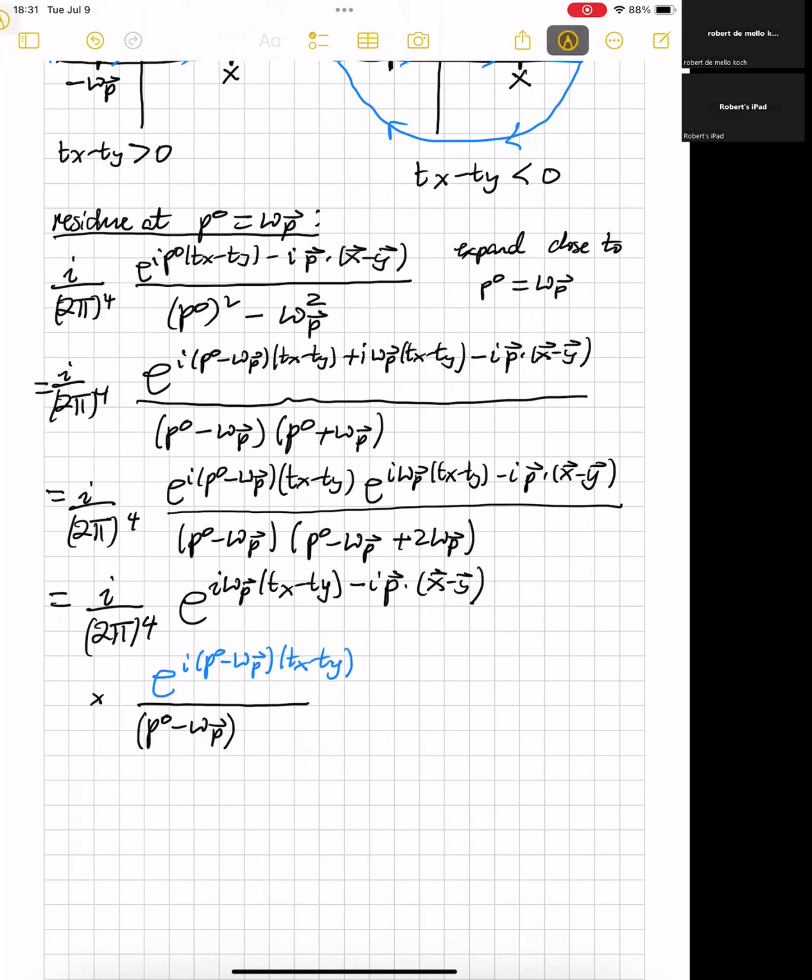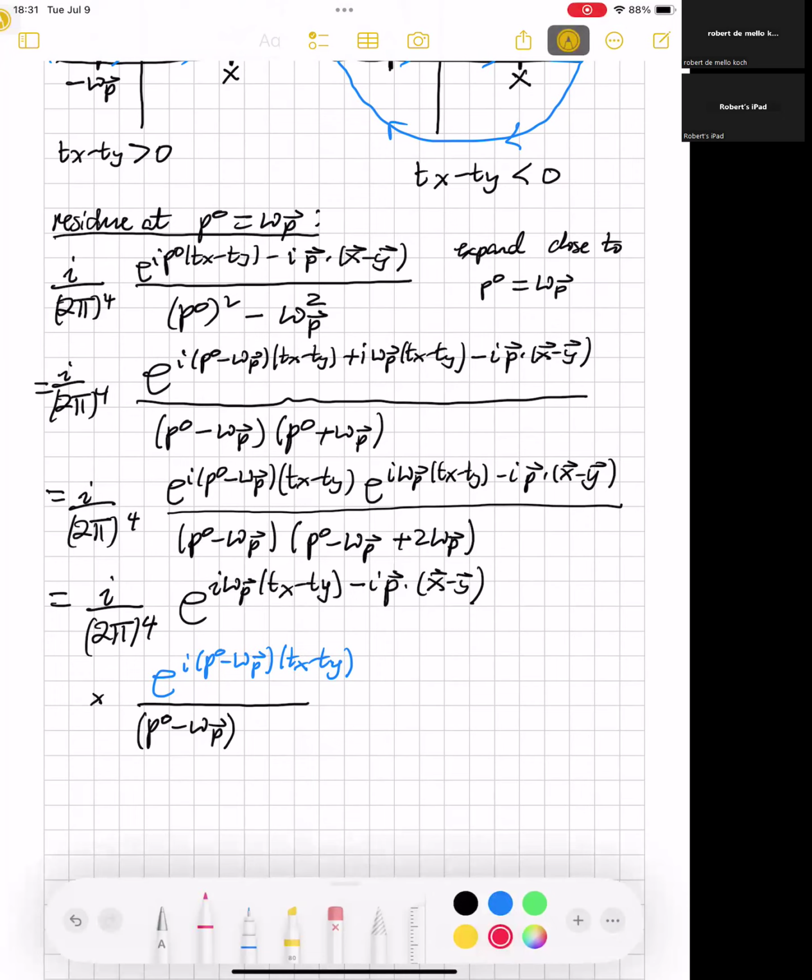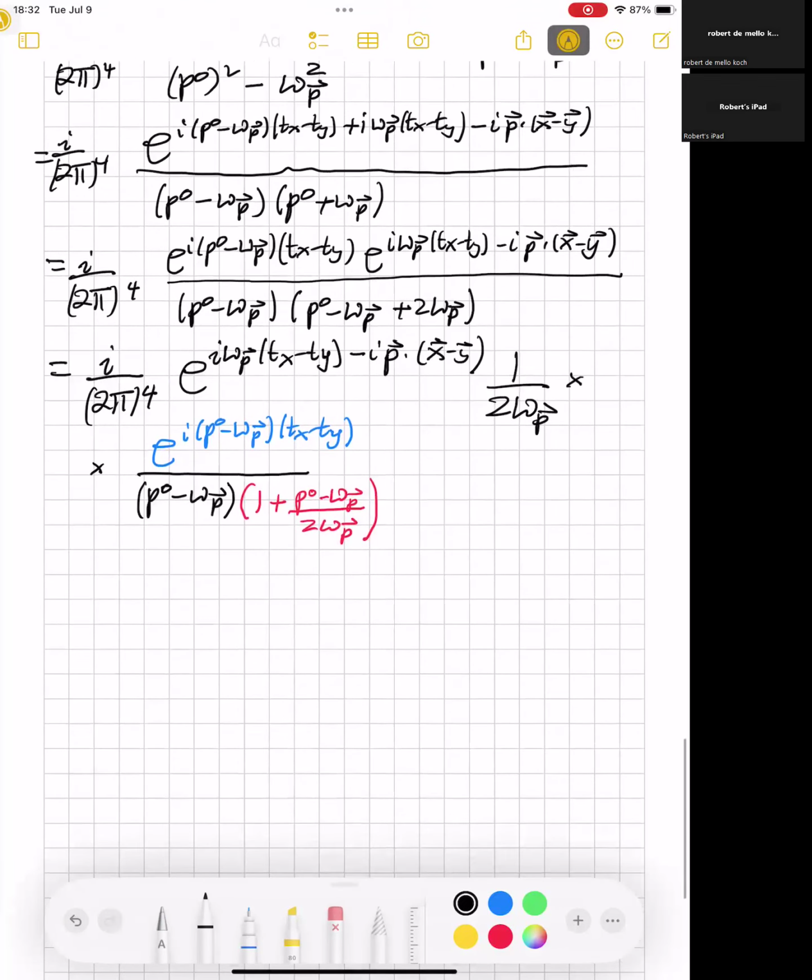And now for the second bracket in the denominator, I am going to write that as 1 plus (P naught minus omega P) over 2 omega P. So out of this red bracket, I've pulled out 2 omega P, and I am going to include a 1 over 2 omega P on the first line. So I haven't done anything except to rewrite the previous expression. And now I can write it as follows.